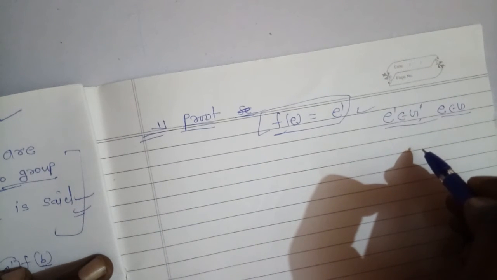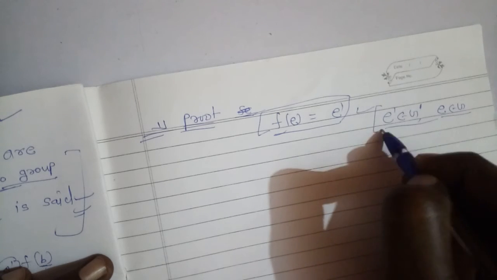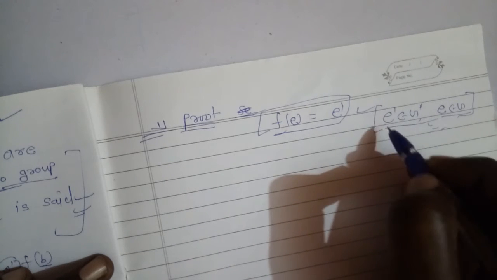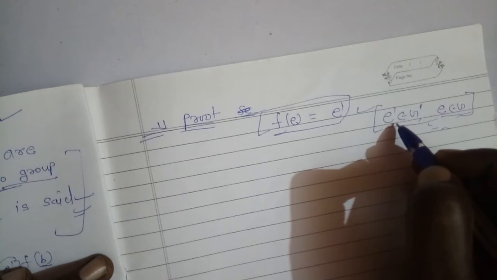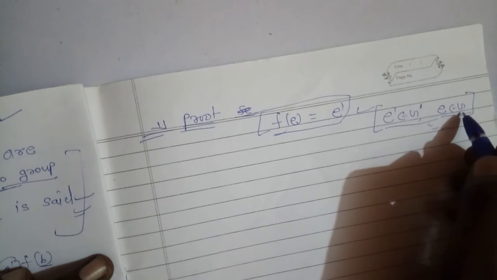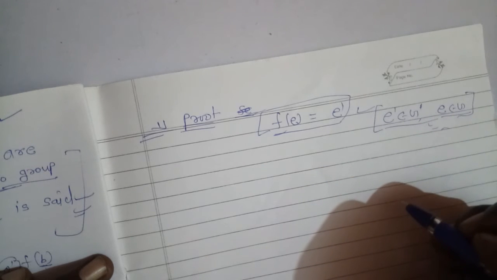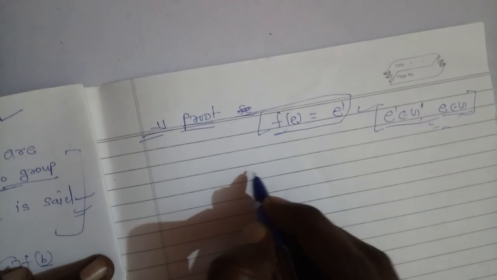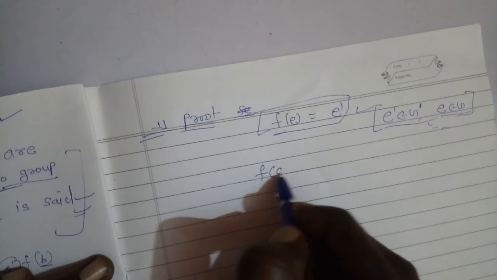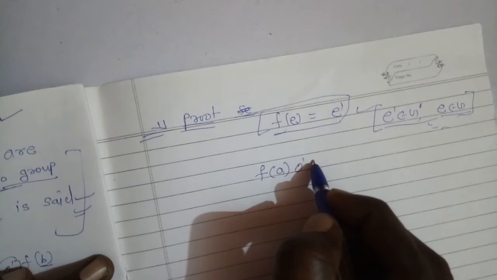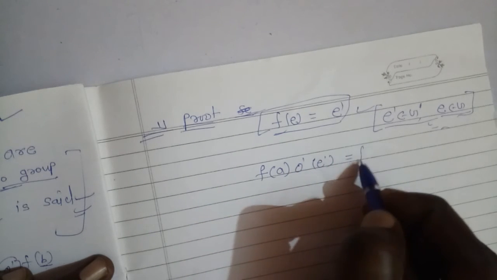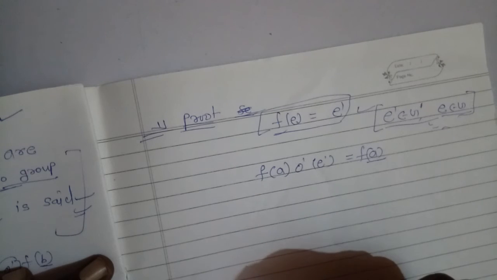I hope it is clearly visible and audible to all of you students. Okay, e' belongs to G' and e belongs to G. Let's take our operation f(a) o' f(e).